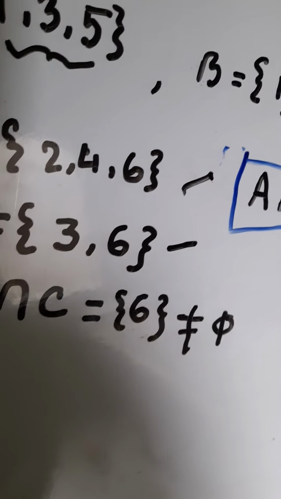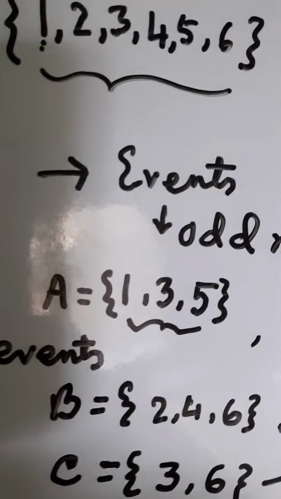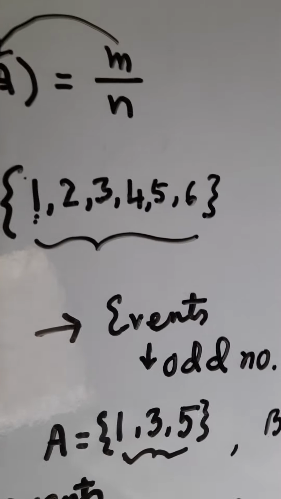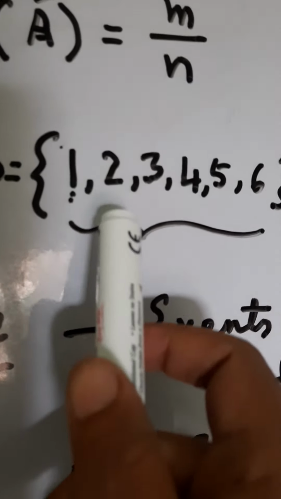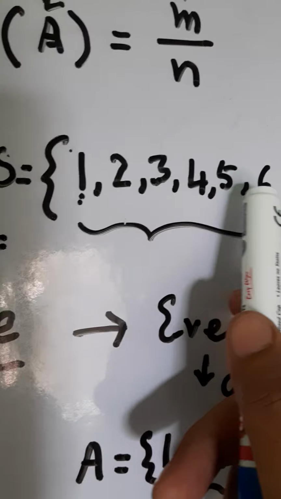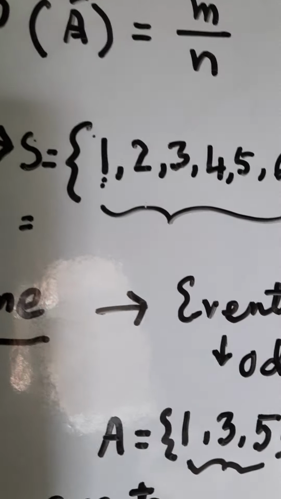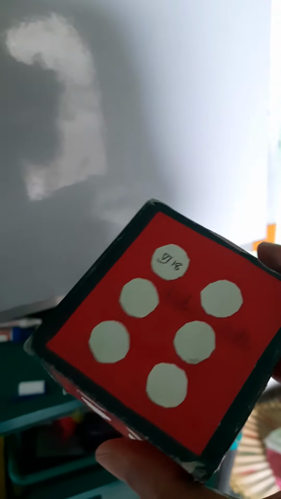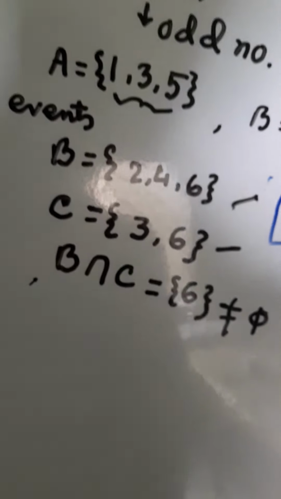Now, since in this experiment these outcomes, it is supposed that this die, let us take the die, all the outcomes have the same chances of occurrence.